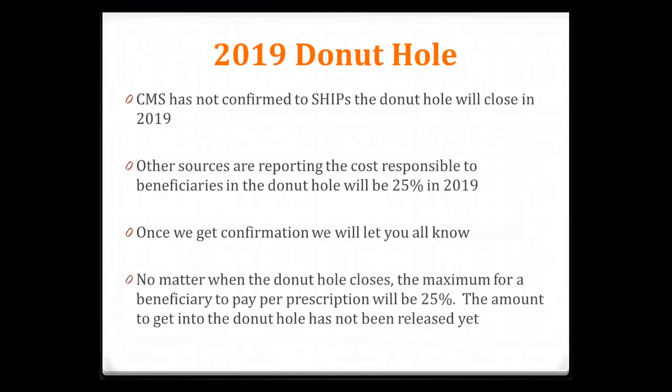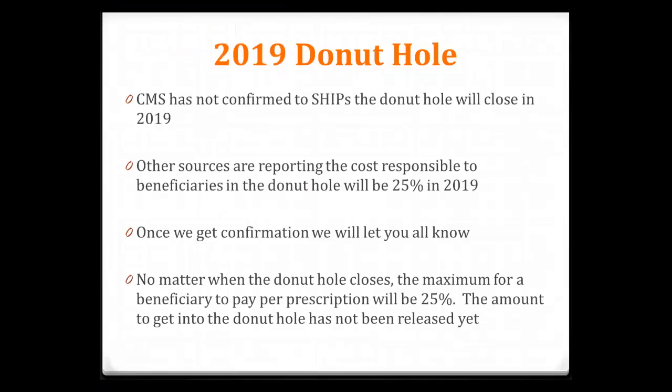No matter when the donut hole closes, whether it's 2019 or 2020, the maximum the beneficiary will pay for their medications will be 25%. And that means for brand names or generics. Everything's going to 25% when we get confirmation the donut hole is closing. That amount, the 25%, will be the amount when the donut hole technically starts.